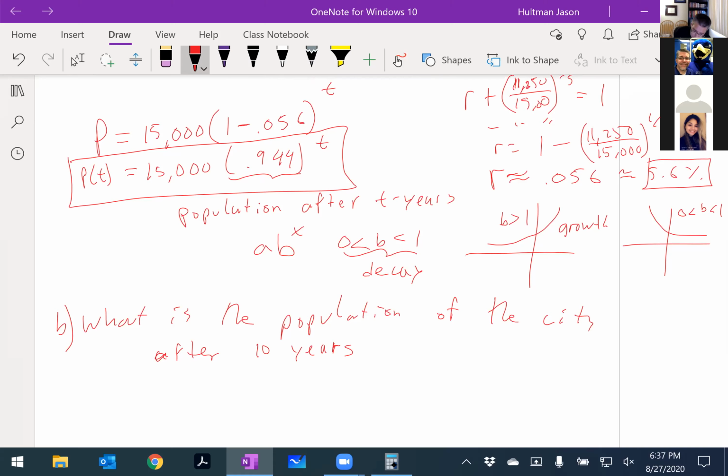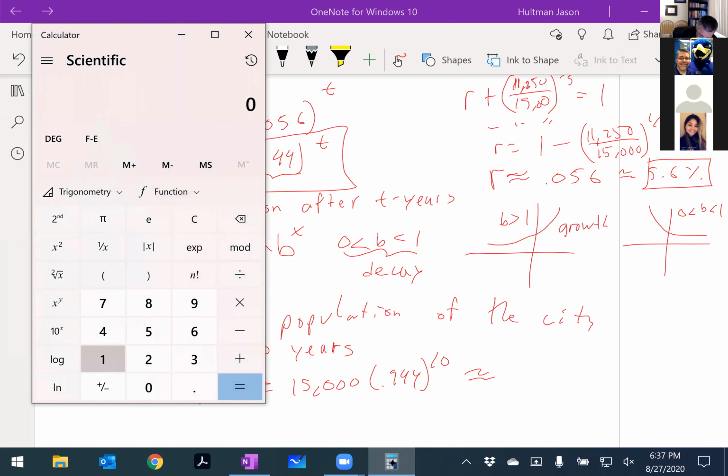Okay, what is the population of the city after 10 years? So we have this nice P of t function that we can use, and we just go 15,000 times 0.944 to the 10th power. And so that's approximately how many people?